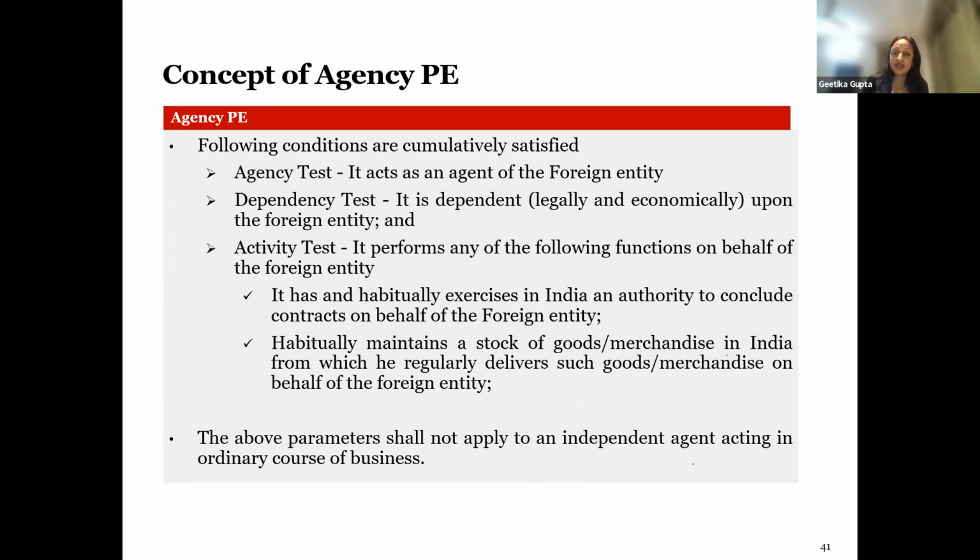Again, in the majority of the treaties, it is said that if the independent agent is representing only one of the foreign entities, let's say I am an Indian subsidiary representing only my foreign company in India, but my transactions with the foreign company are at arm's length price, then again the person will be construed as an independent agent under the treaty, depending on the language of the treaty.